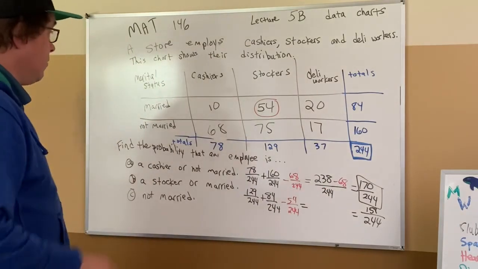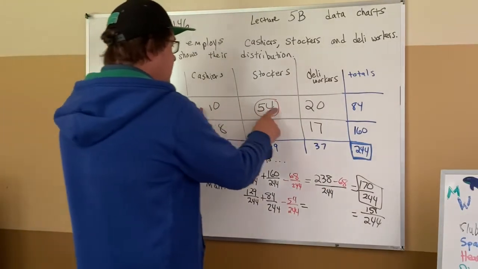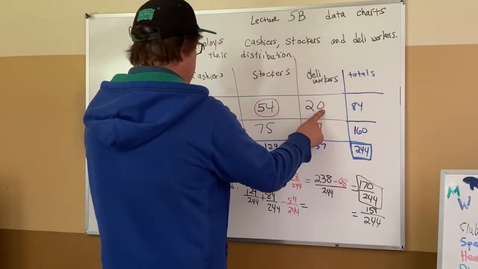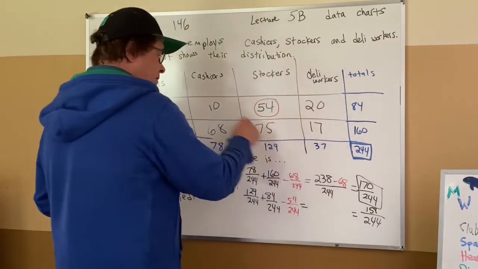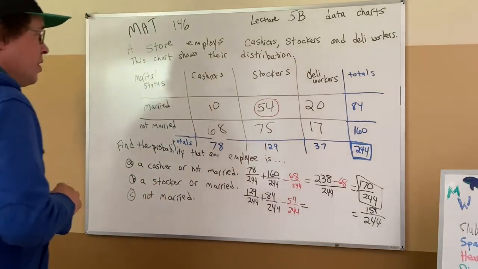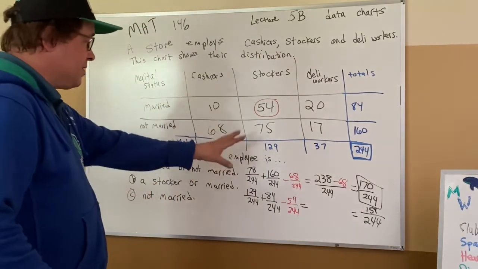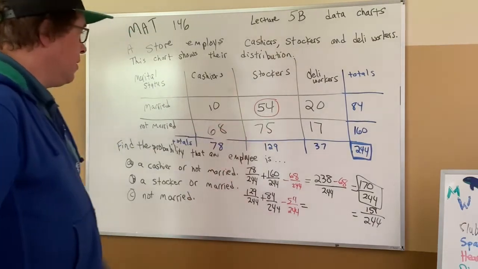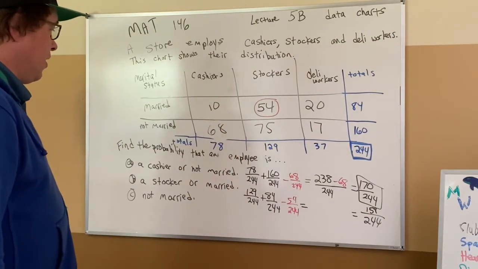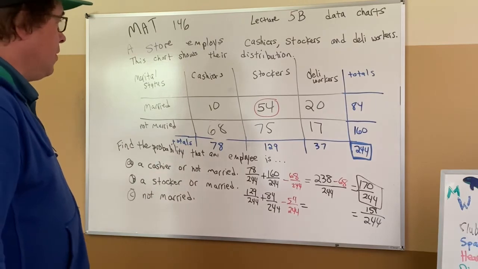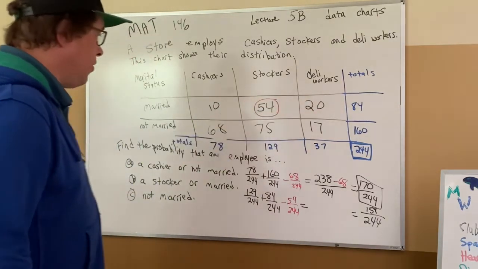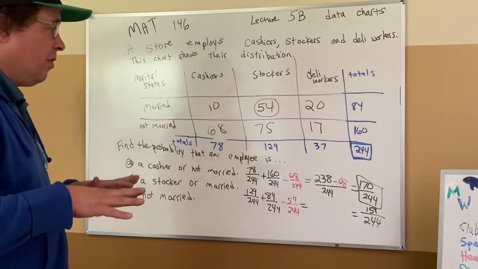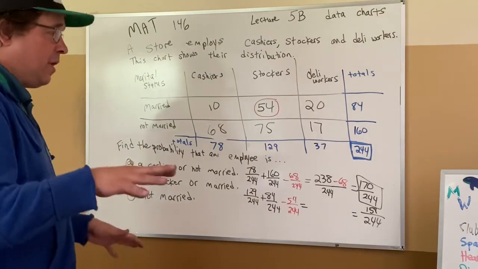Or if you want to look at the numbers that we have, 10, 54, and 20, okay, that made up the 84, and then bring in this 75. Add up those four numbers, we didn't hit the 54 twice. The way this brought it up was it brought up the 129 as your total of stockers, and it brought up your 84 as your total of all your married employees, and then went back and subtracted the overlap, which you can always do without having to make a decision or say, wait, how do you know which to do?